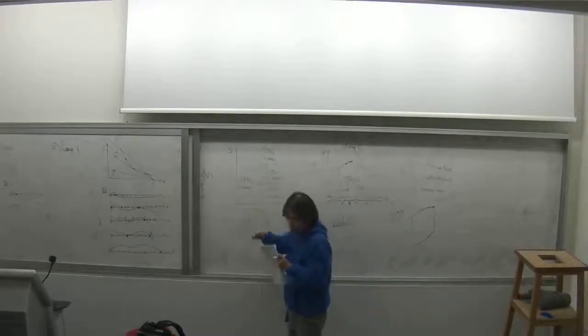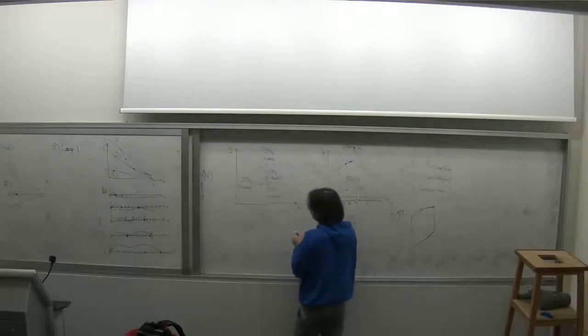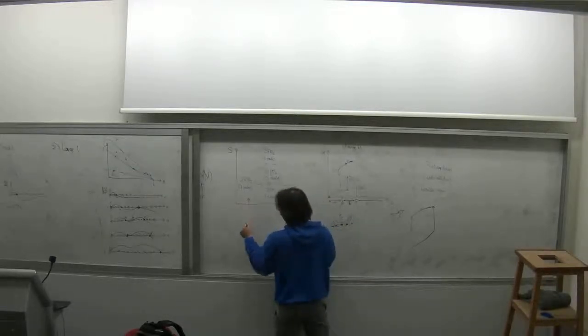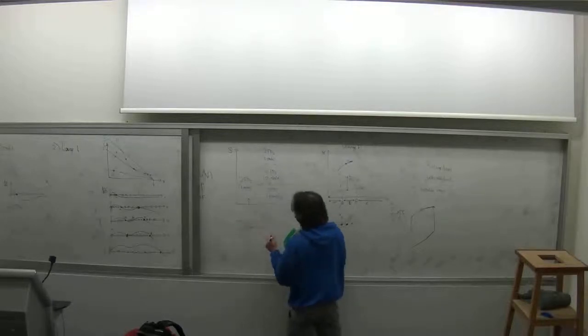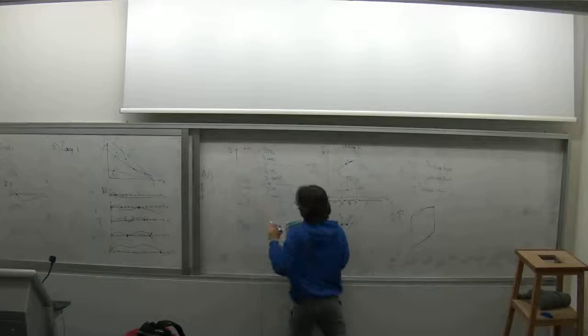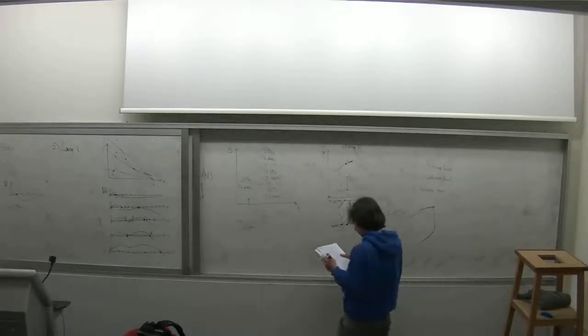If I draw for this region x versus s, I should have something like this. So the fixed point rises, let's say. And I could do this for different regions.